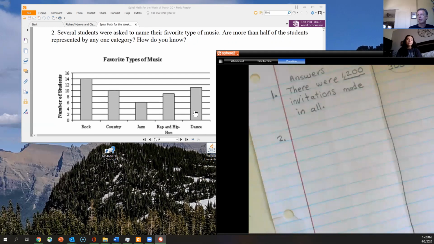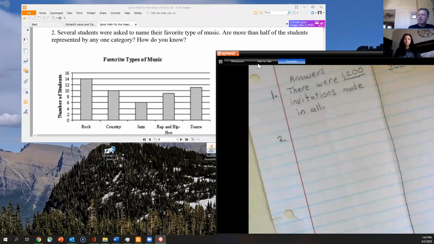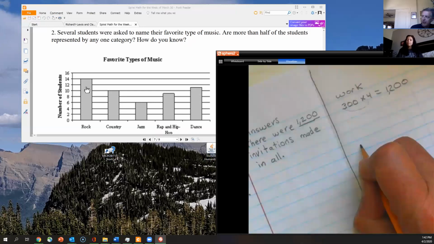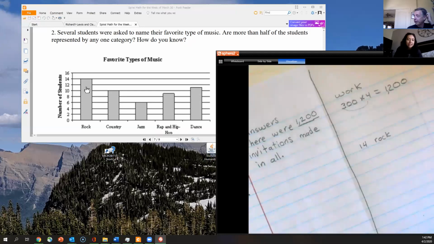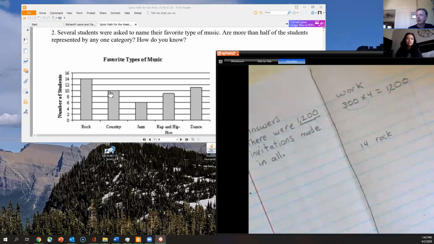So I wrote down 14 because there were 14 students for rock. And they liked rock. And then I saw how many liked country, which was 10.